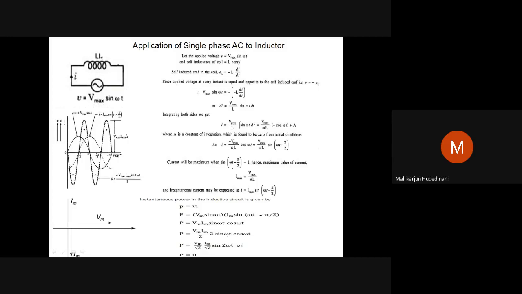When its inductance is L Henry, we know that by the self-induction mechanism, whenever the magnetic flux linked with the conductor or a group of turns changes, there is an induction of EMF in that. Therefore, the current which is injected into the circuit is no doubt alternating. Because the source is alternating, the current is also alternating sinusoidal.